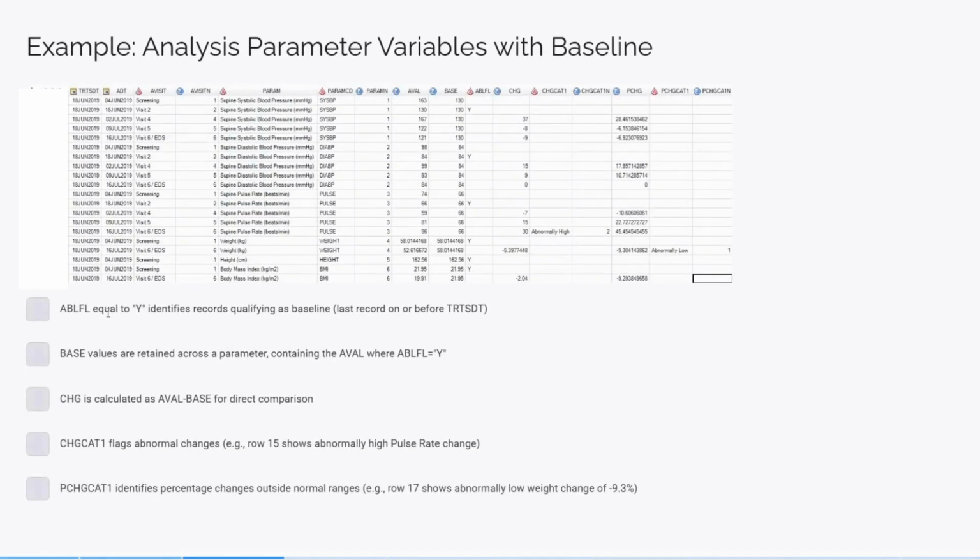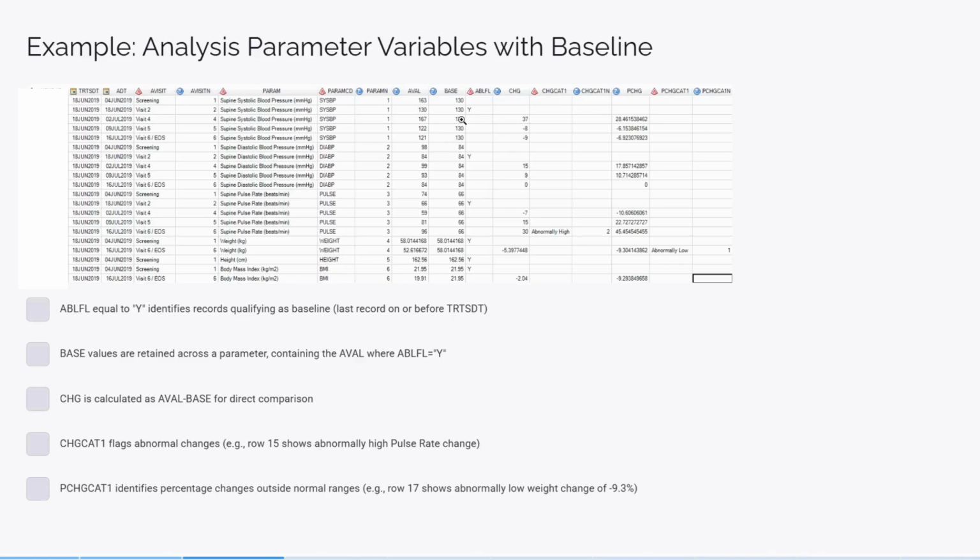So the analysis baseline flag equal to Y identifies the records qualifying as baseline, the last record on or before TRT SDT. Okay. So here, for example, for this subject, there are different parameters: systolic blood pressure and diastolic blood pressure.